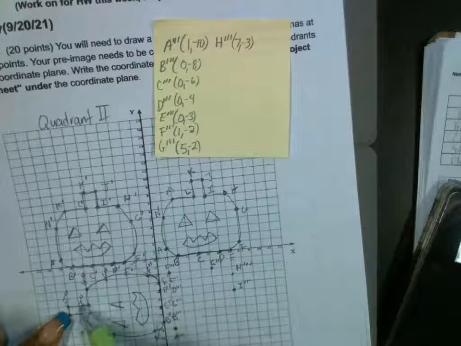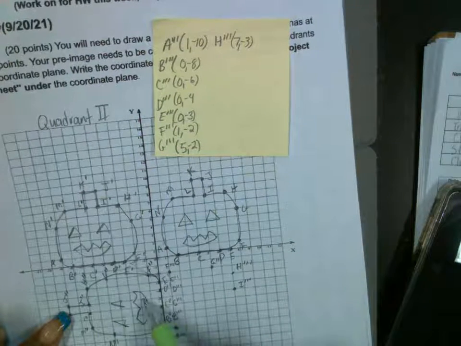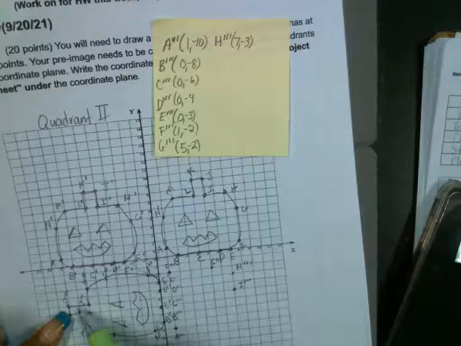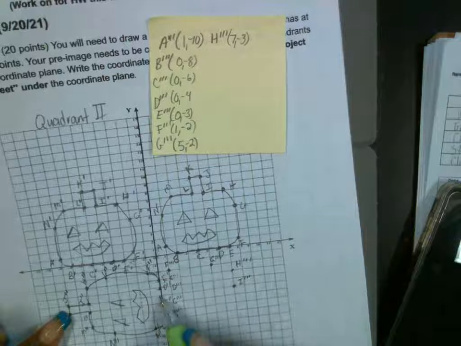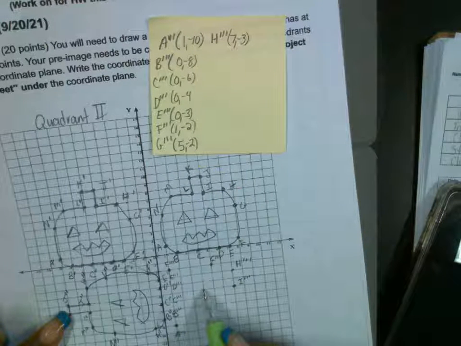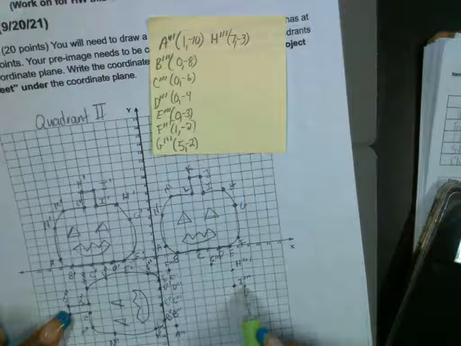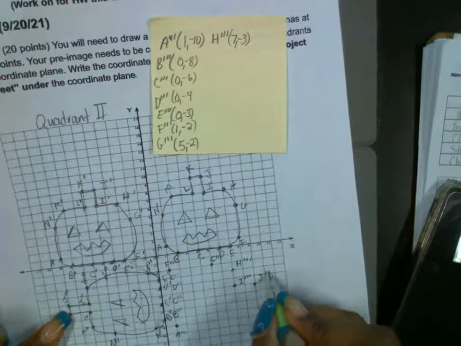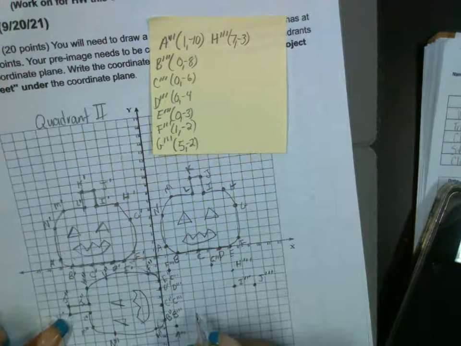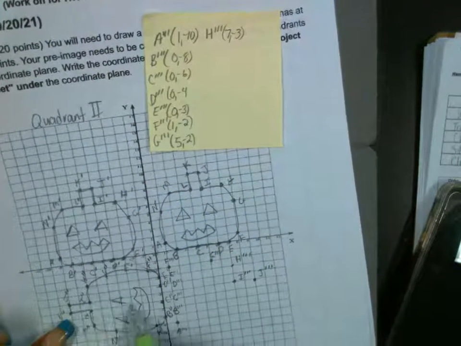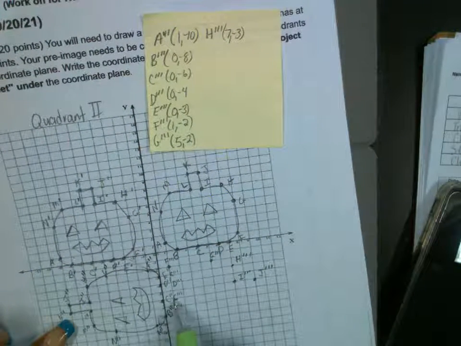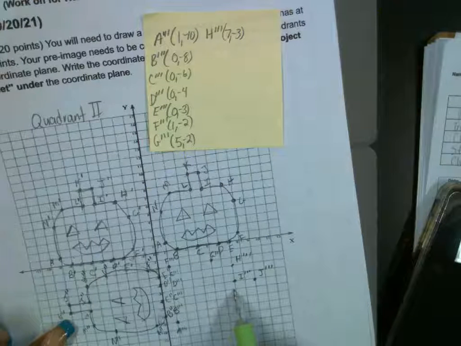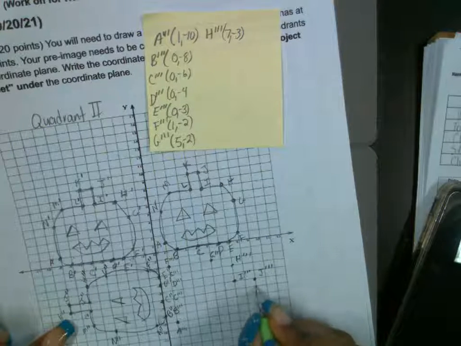J, look how far J is away. 1, 2, 3, 4, 5, 6, 7, 8, 9. This is J, 3 tick marks, sorry. K, look how far K is away. Same distance. 1, 2, 3, 4, 5, 6, 7, 8, 9. This is K.